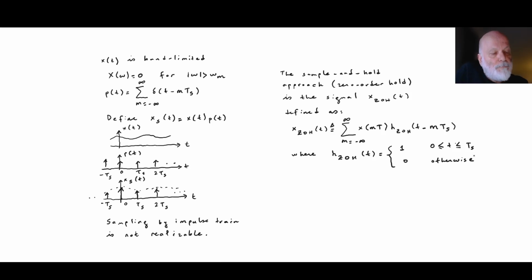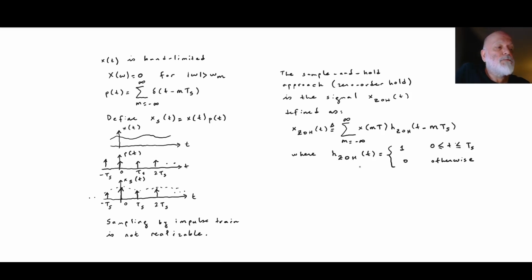In other words, h ZOH of t is a rectangular pulse which is equal to 1 from 0 to ts and 0 otherwise. And in the signal x ZOH of t, we have samples of x of t multiplied by shifted versions of this h ZOH of t.